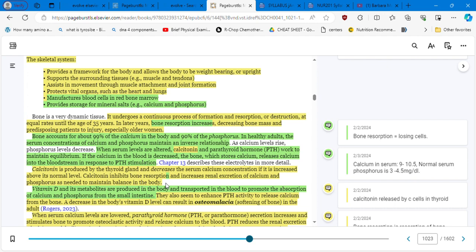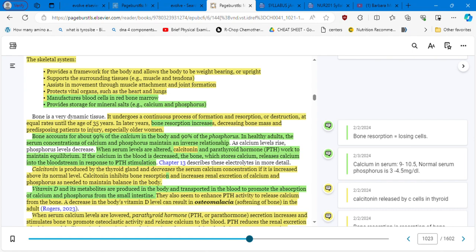Remember, there is an inverse relationship to maintain the body's balance. Let's remember our normal serum levels: calcium is 9 to 10.5 and phosphorus is 3 to 4.5.